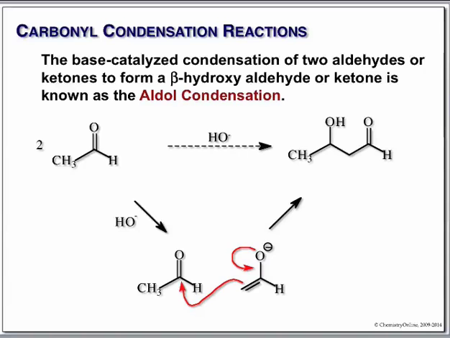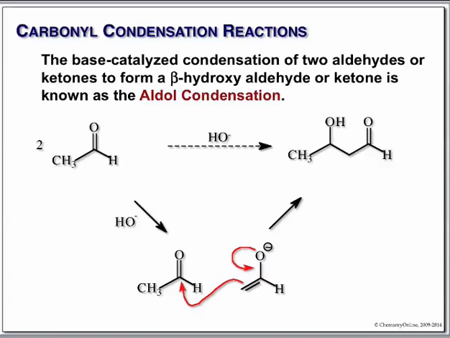Now, all of the condensation reactions that we looked at basically are going to follow this same mechanism. The one thing that confounds it a little bit is that sometimes the enolate anions that we use can undergo decarboxylation as a second step. But the guts of the reaction are going to be just like the aldol.